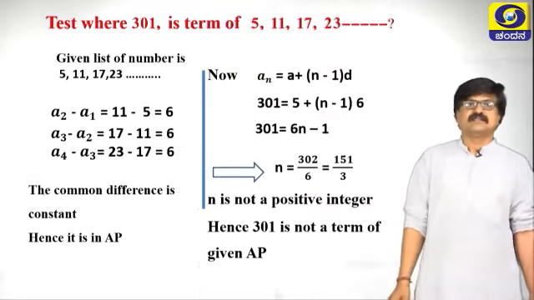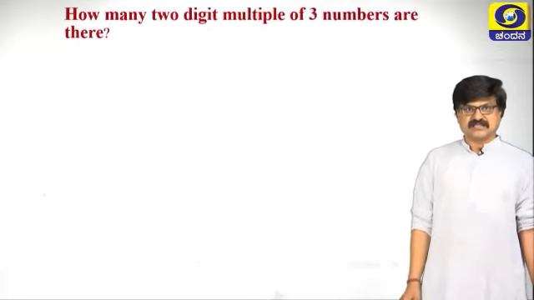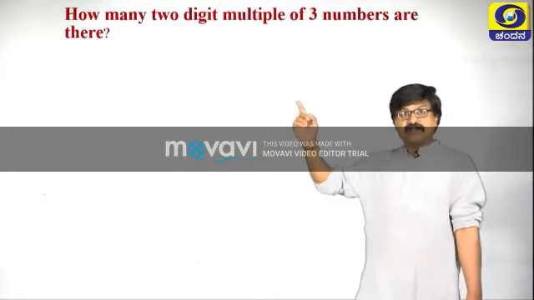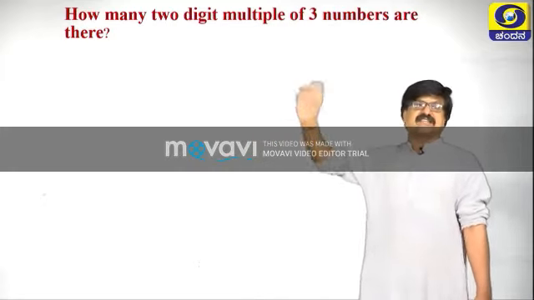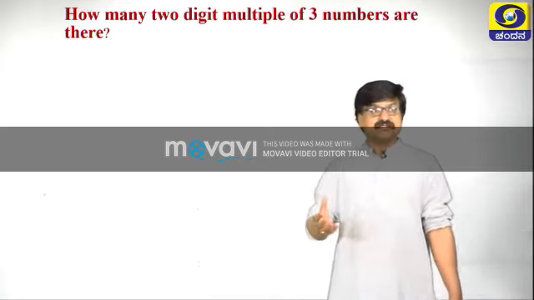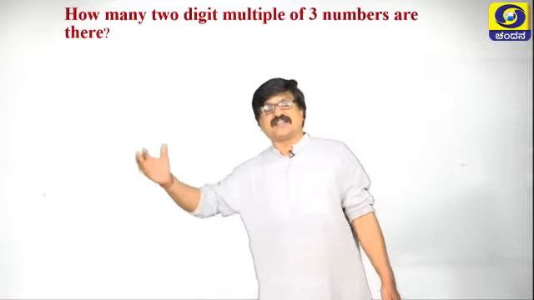Let us move to the next problem. How many 2 digit multiples of 3 are there? That means, we know that 2 digit numbers start from 10, 11, 12 till 99.